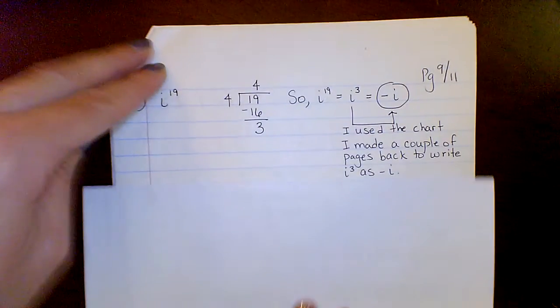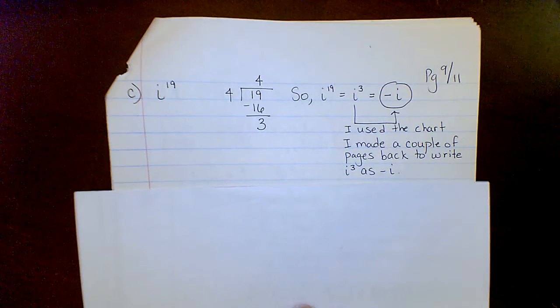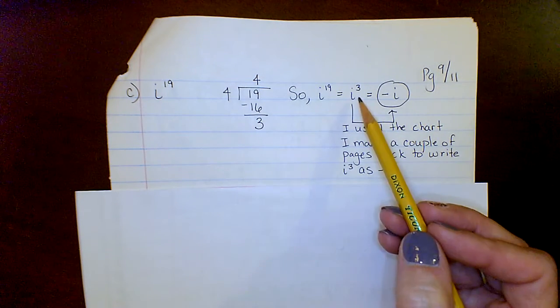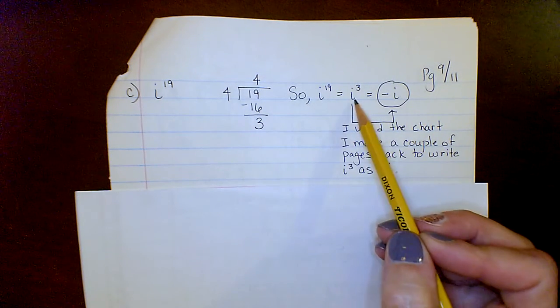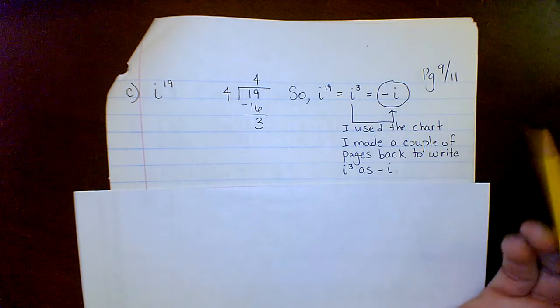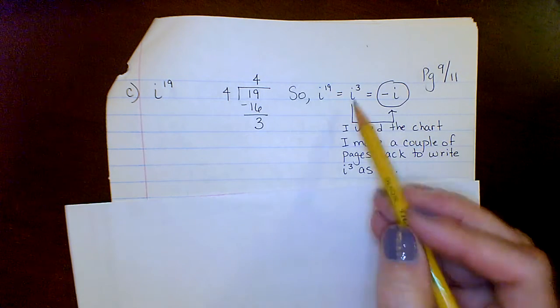All right, how about i to the 19th? Let's divide 4 into 19. It goes 4 times, with a remainder of 3. So i to the 19th is the same thing as i cubed, and i cubed is the same thing as negative i. How did I get from there?